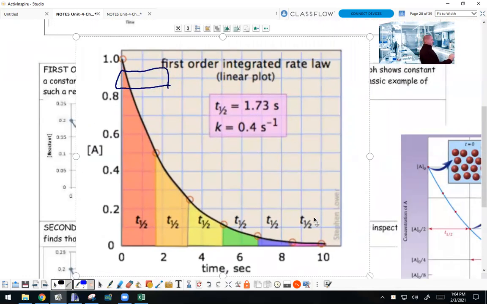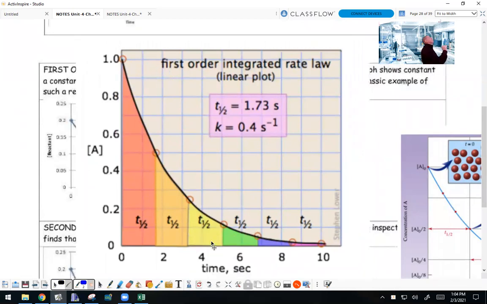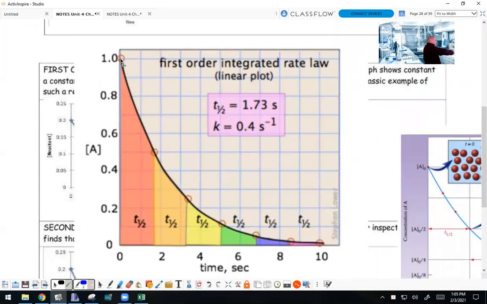So here's a graph. Let's say we start at 1 molar. So molarity, concentration, versus time in seconds. 1 molar, 0.5 molar took that amount of time, looks like about 1.75.